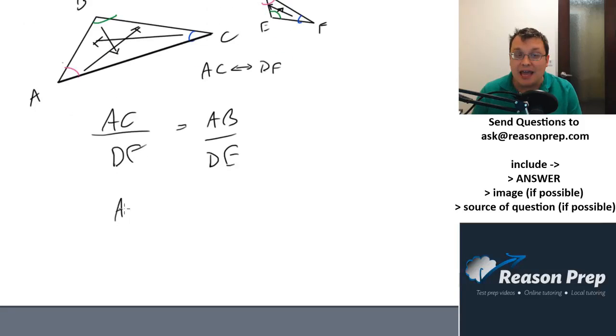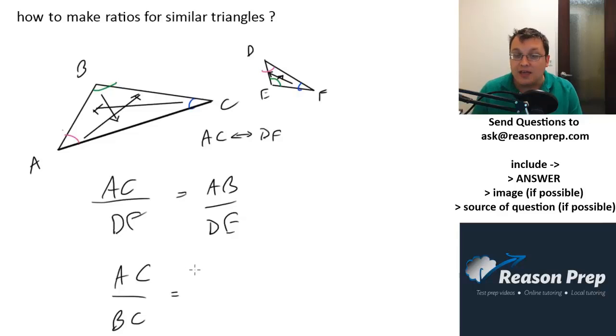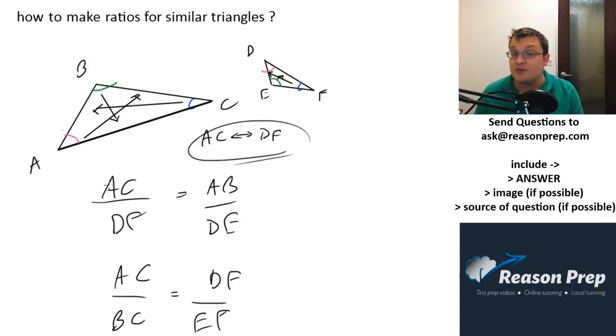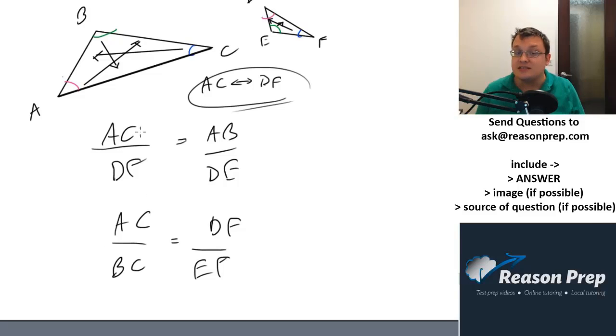You could do AC is to BC, so basically the green angle to the pink angle, as DF is to EF. So again, green to pink. So there's a lot of different ways to do this, but the key is to find those corresponding sides in the first place. And then once you do that, just be consistent with the ordering. Either put the same triangle in one fraction, or put the same triangle on the top and the bottom.